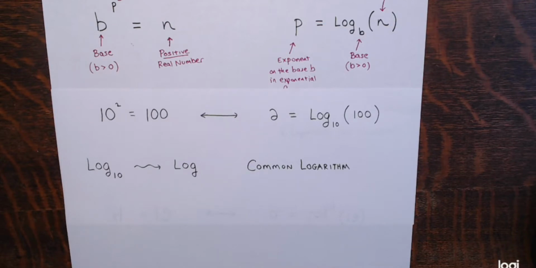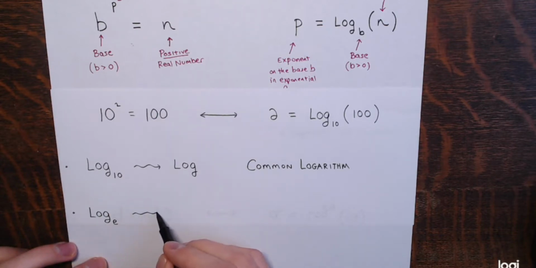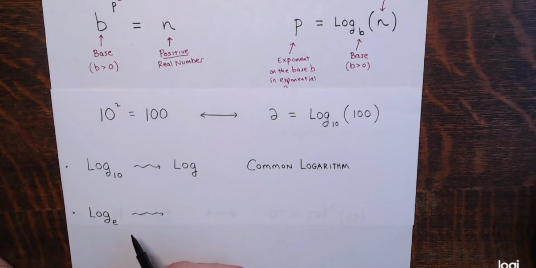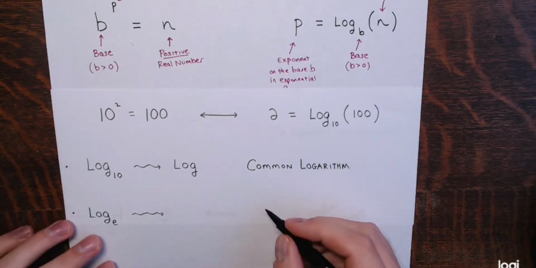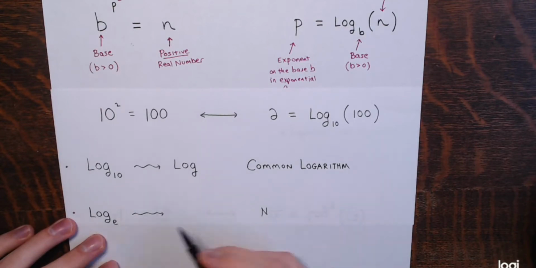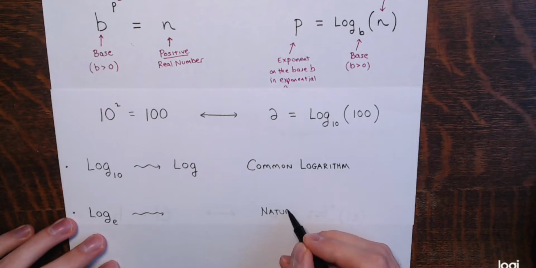And then one other thing I'm going to point out, just because it might come up, I'm sure it will. If you ever have a logarithm with a base of e, remember that number e is about 2.718 something. And e actually comes up quite a bit in studies of natural phenomena. In fact, e is sometimes referred to as the natural base, and a logarithm base e is often referred to as the natural logarithm.